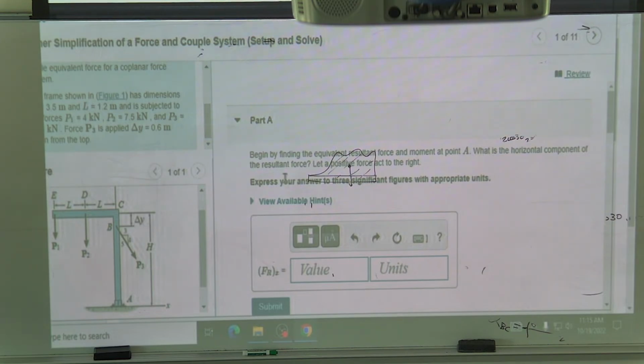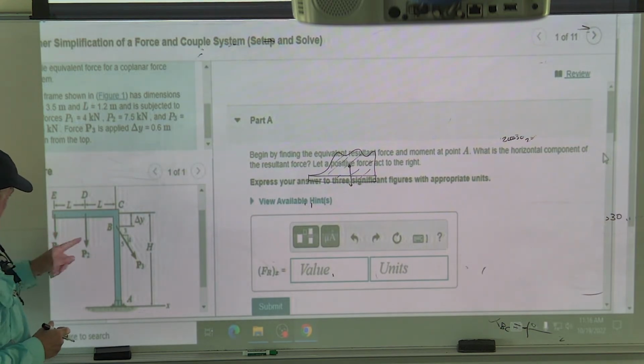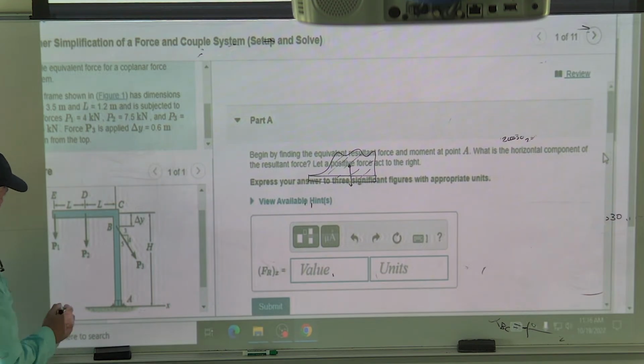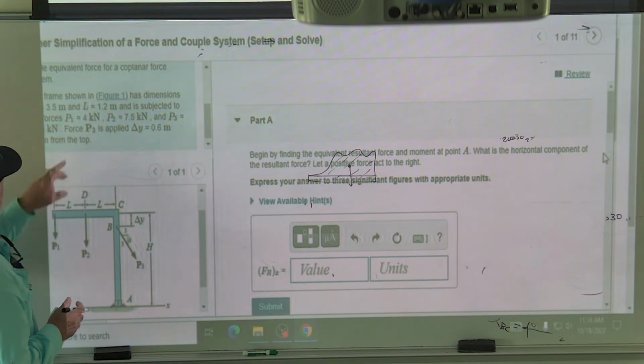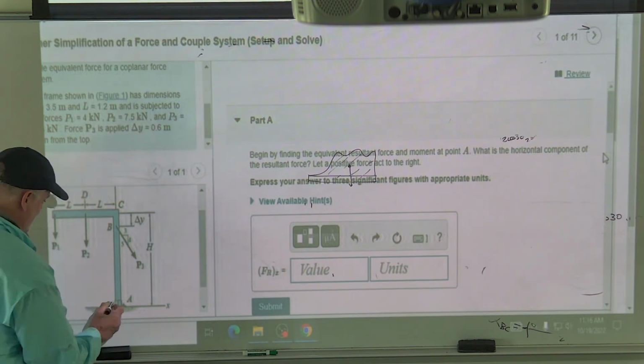It says begin by finding the equivalent resultant force and moment at point A. So what you're doing, of course, is you're going to move this, and this, all to A. So I don't know what P1 is, but he's got them all listed here.